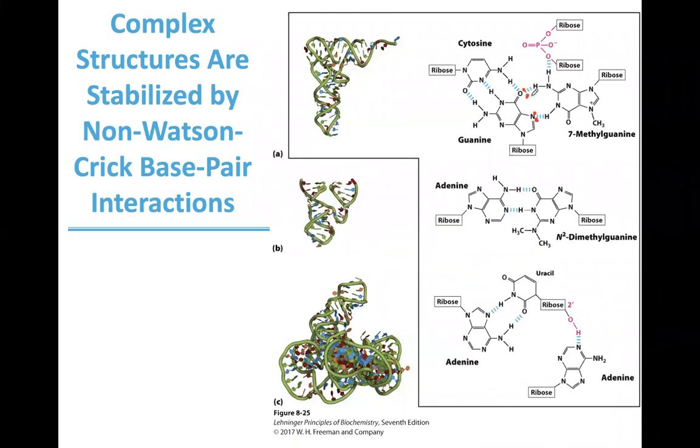Oftentimes you can have a third strand coming by, and if there is a base on the third strand that has hydrogen bond donors, it can form hydrogen bonds with the guanine that already has hydrogen bonds to cytosine.